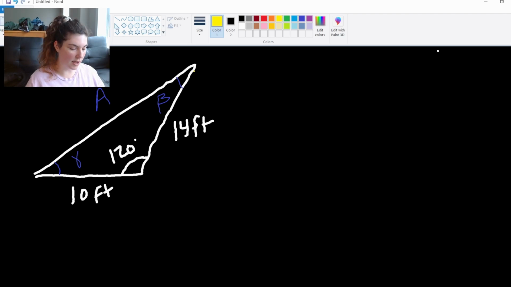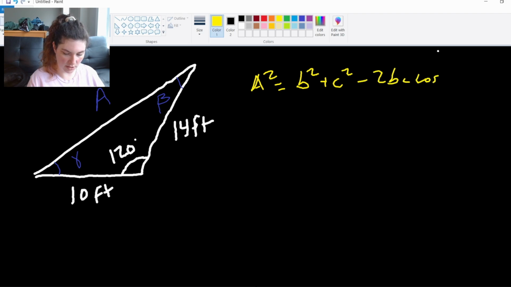Now, immediately my first thought is, because I have a side angle side, the one that makes the most sense to start with would be law of cosines. So if we look at law of cosines, a squared equals b squared plus c squared minus 2bc cosine alpha.